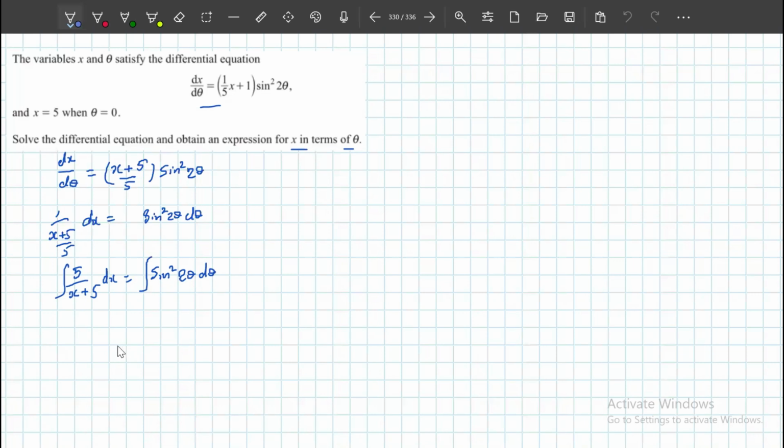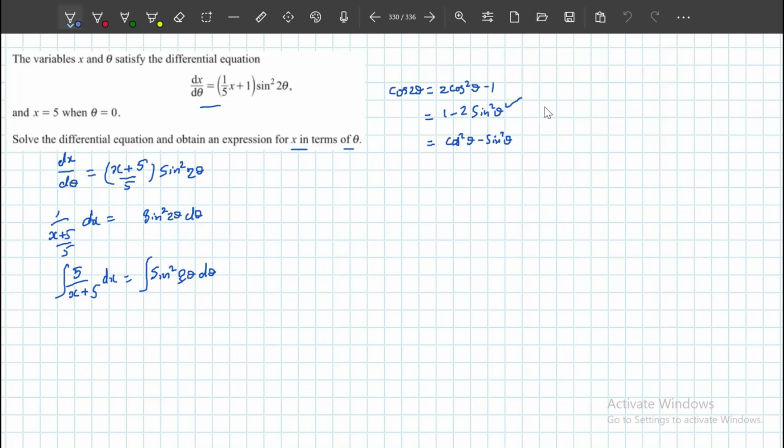We can apply the logarithm concept, but for the right hand side you must know a few formulas like cos 2 theta equals 2 cos square theta minus 1, or it can be equal to 1 minus 2 sine square theta, or cos 2 theta equals cos square theta minus sine square theta, but I will use this one.